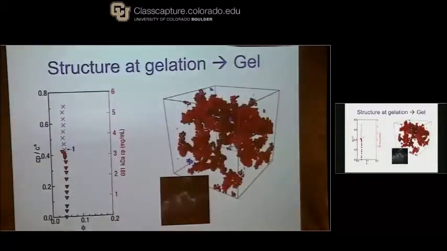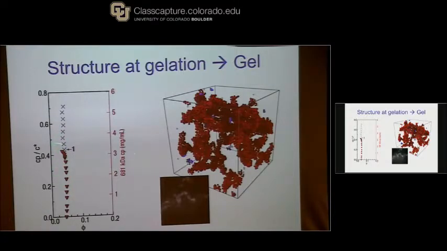If we increase the concentration of the depletant, then we can take that same sample and cause it to gel. Here we're just showing the volume fraction against the concentration of the depletant, the polymer that we're adding. We're right around here where it crosses between a gel and a fluid.